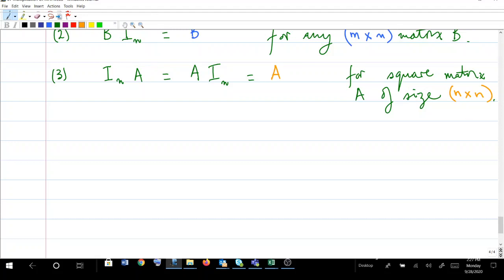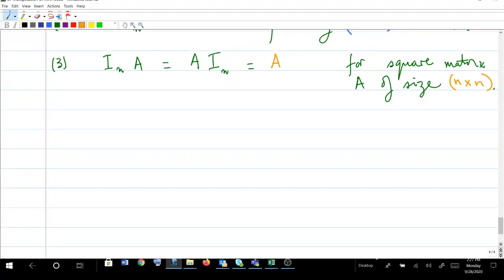So if you're multiplying a given matrix by an identity matrix, right? And that given matrix is a square matrix. It doesn't matter which side you multiply by the identity matrix. Why? In this case, it's going to be commutative. You end up with the same matrix A in this case.